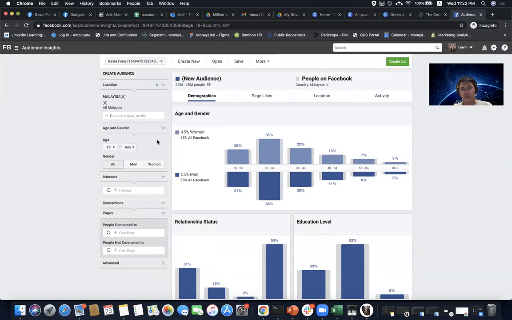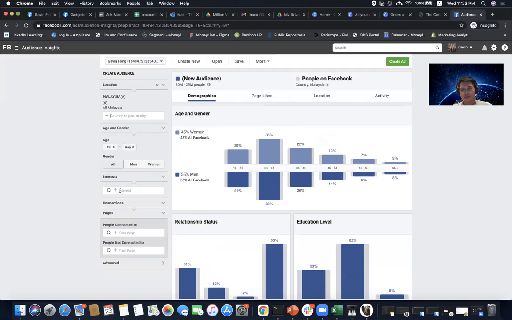One thing we see is, oh, the majority of them fall in this age group. And let's say you don't have a lot of budget, you just want to target a specific population of people, both men and women. You can set the gender, age group, and one important thing is interest.